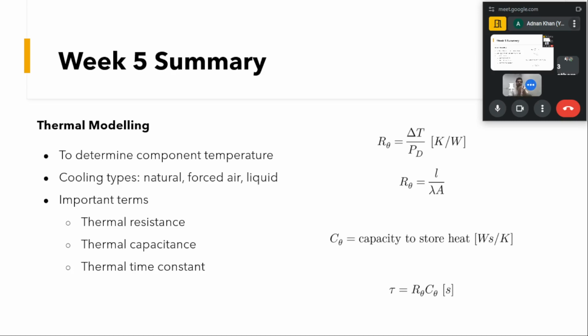If we have to dissipate a certain amount of power, how much time this particular heat sink or device will take to show this variation in temperature from one temperature to another is given by this time constant T.